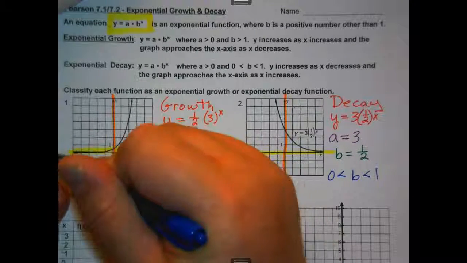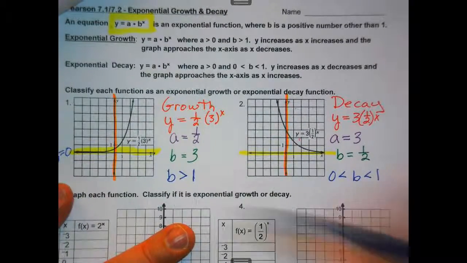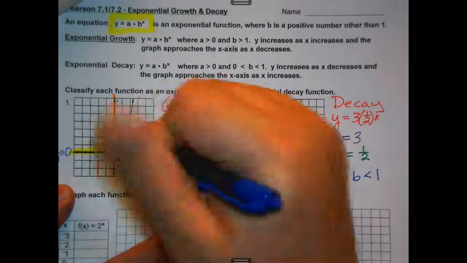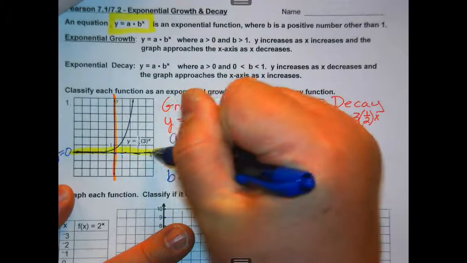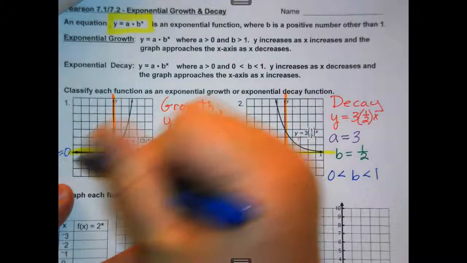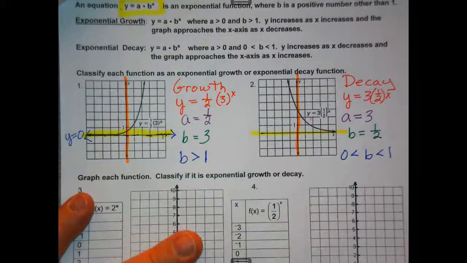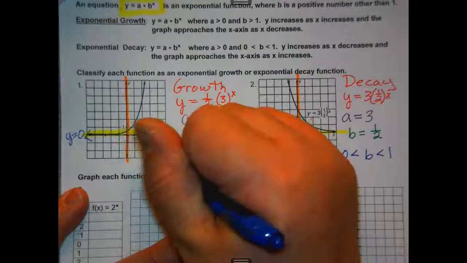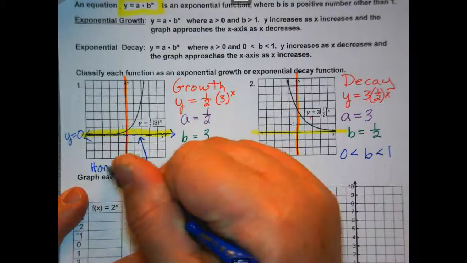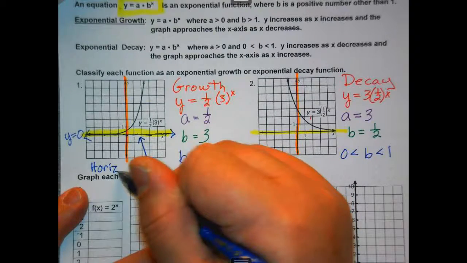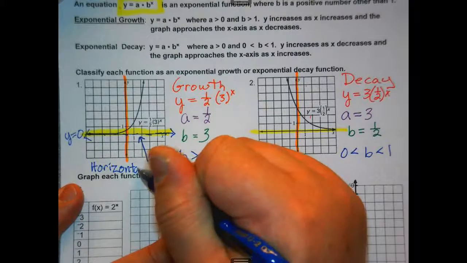Do you see my y equals 0 here? This is my x-axis. You notice that our graph never crosses y equals 0, right? Never does, never crosses that y equals 0. We call that an asymptote. In fact, it's a horizontal asymptote.